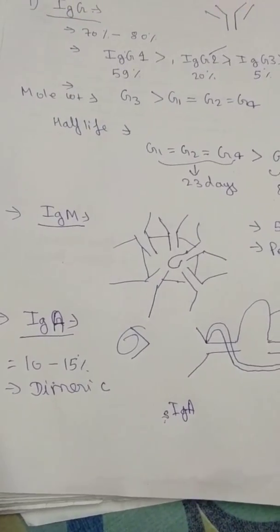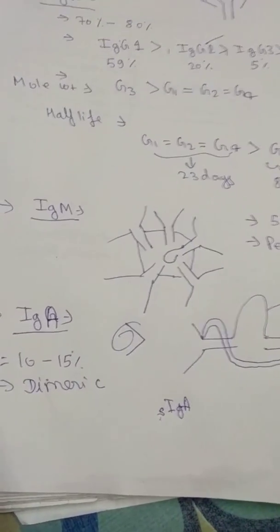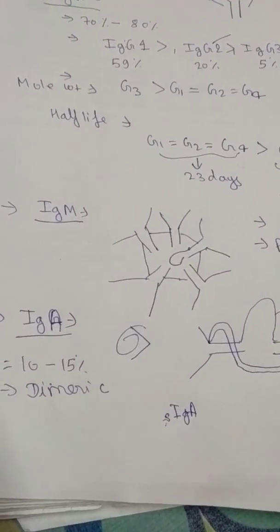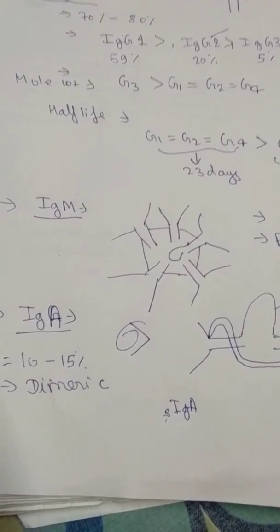So it provides mucosal immunity. Among all the immunoglobulins, production of IgA is the highest, about 2/3.